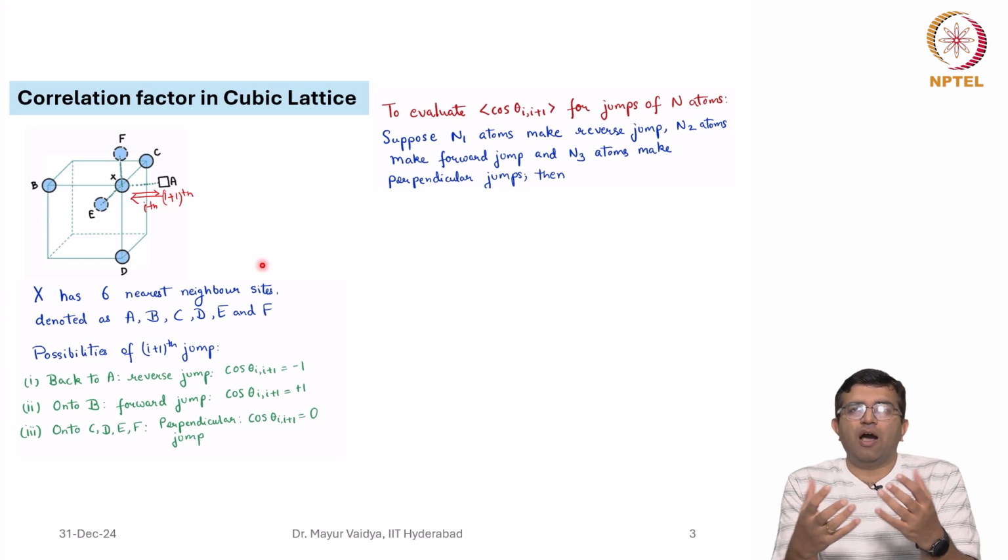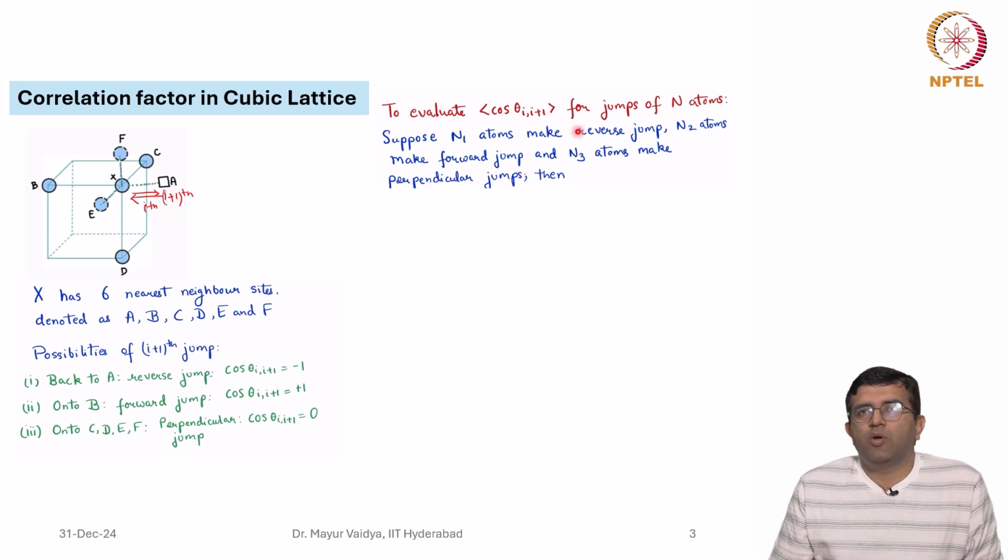So now let's say out of n atoms, n1 atoms make reverse jump, n2 atoms make forward jump, and n3 atoms make perpendicular jumps.